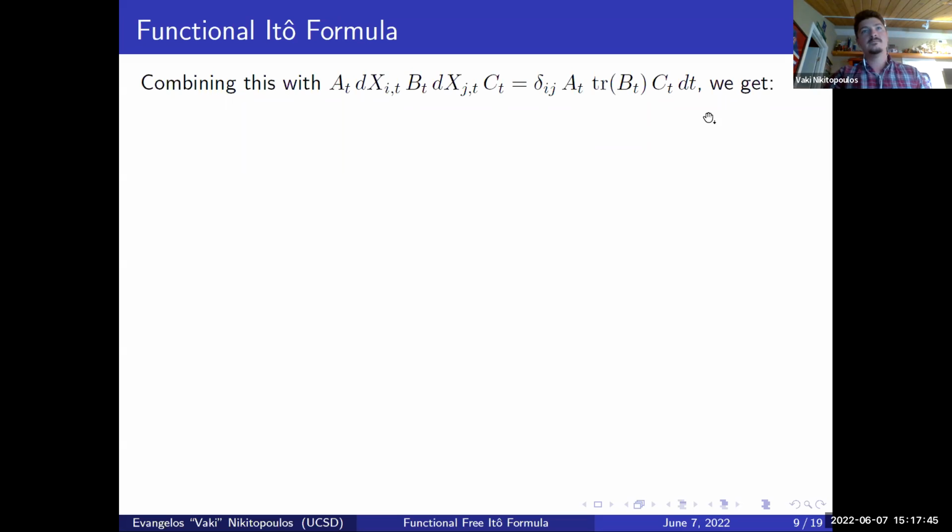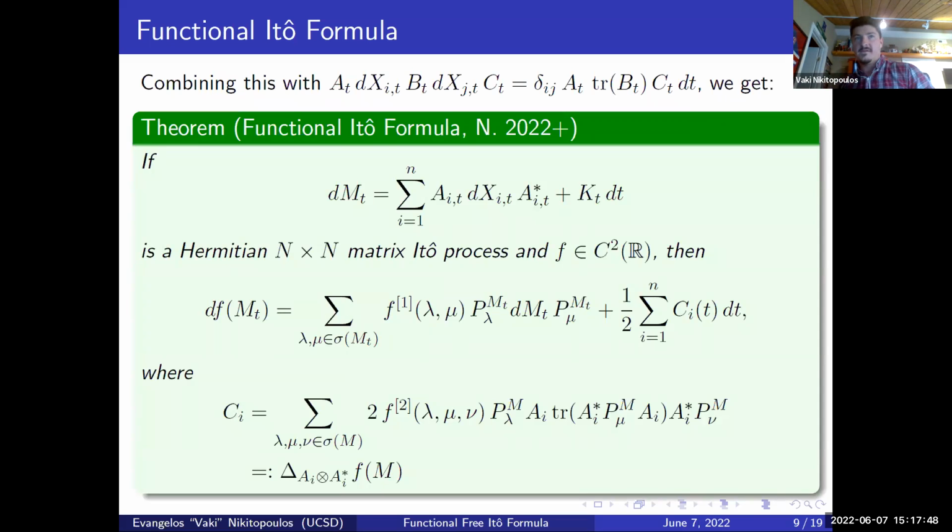So here we go. This is what I call the functional Ito formula. And the term functional here is meant to refer to functional calculus for matrices.